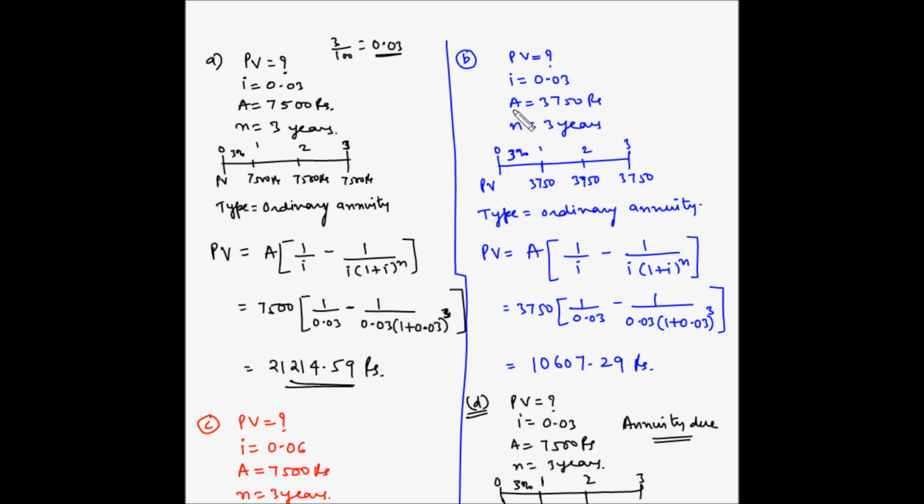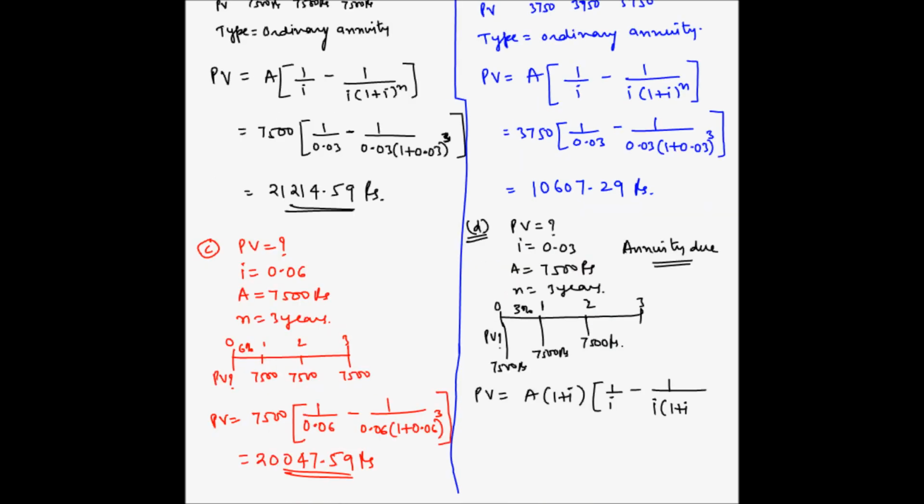In part B, we reduce the yearly withdrawal amount to 3750, which is half of part A. And if you look at the final amount, that is the present value in part B, this is nothing but half of the present value in part A. So basically, if the interest rate is the same, the tenure is the same, the type of annuity is the same, then if we are withdrawing half the amount, then we need to deposit half the amount at the beginning of the tenure.